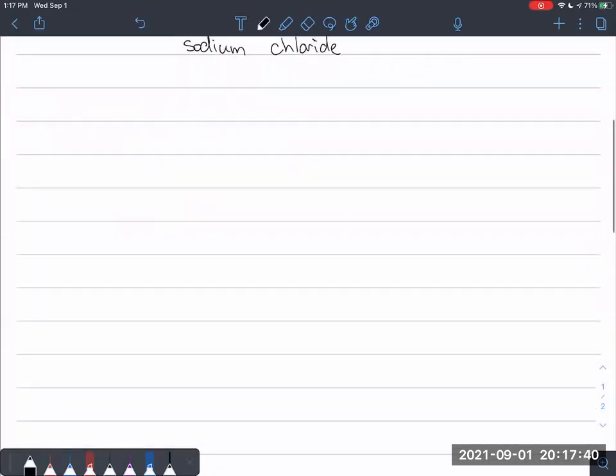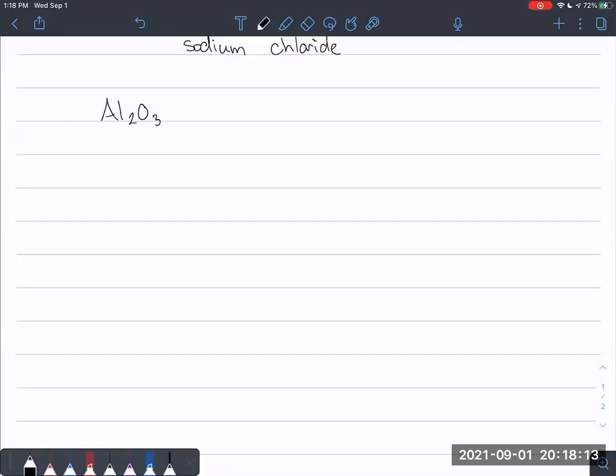All right. Give this a shot. How would you name this compound? Is it aluminum trioxide? Why would you say trioxide? Because of the 3 in front of the oxygen?